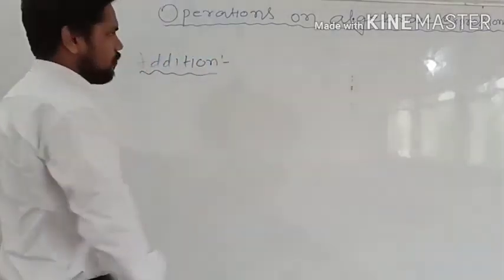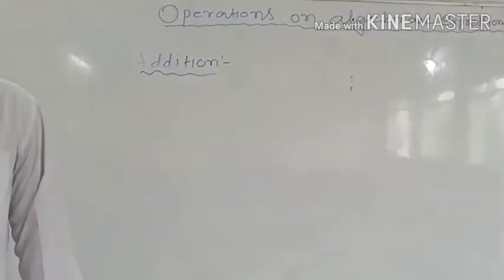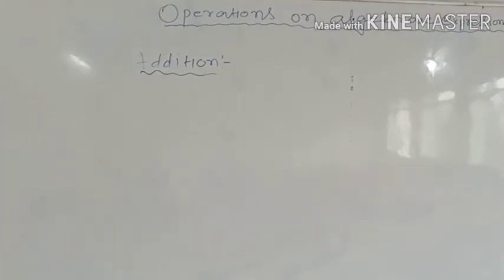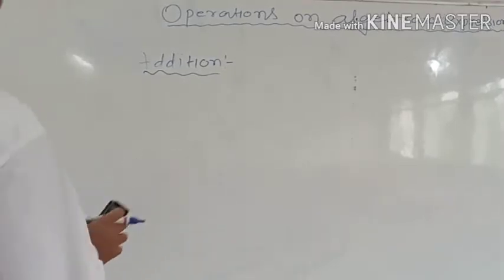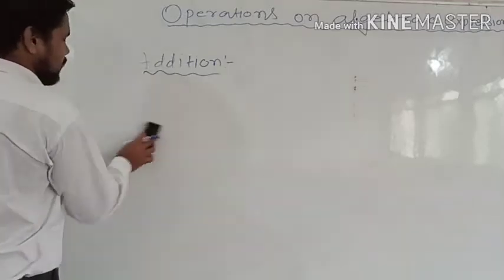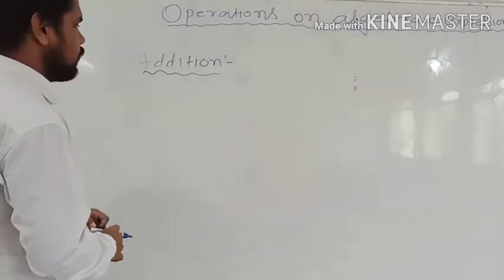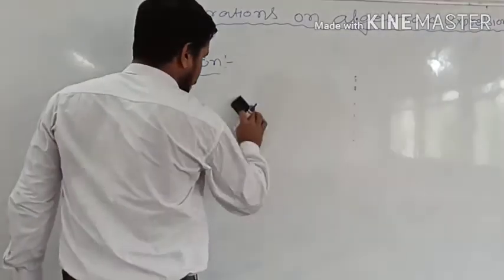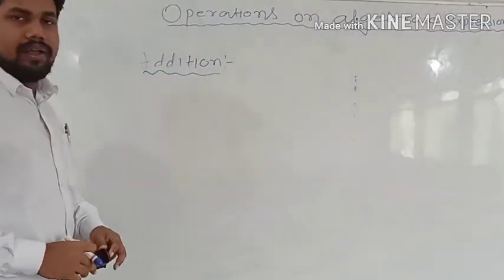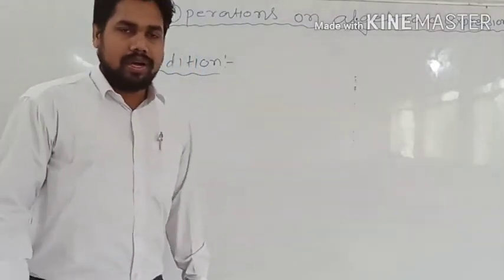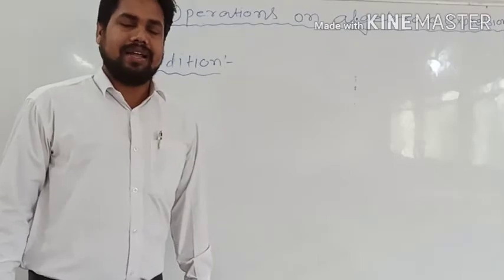So, addition of algebraic expressions. What happens in addition of algebraic expressions is that the first most important thing you have to take care of is like and unlike terms. We have already learned about like and unlike terms.